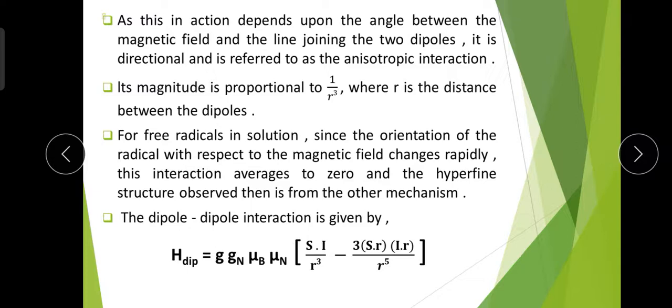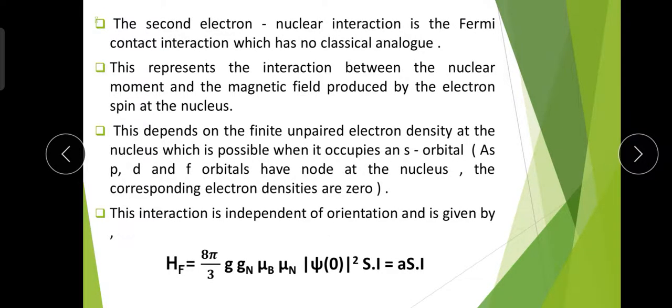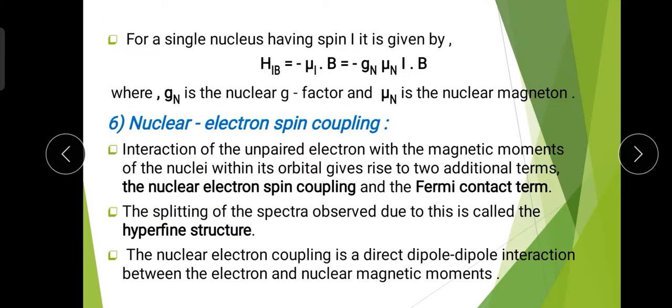So this also contributes to our total Hamiltonian, and we get the total Hamiltonian after adding all those energies. The second electron nuclear interaction is the Fermi contact interaction, which has no classical analogue. As already mentioned, in the nuclear electron spin coupling we have two main terms.